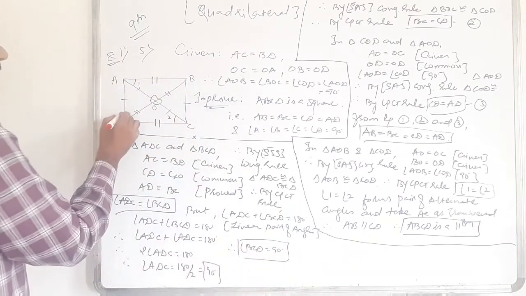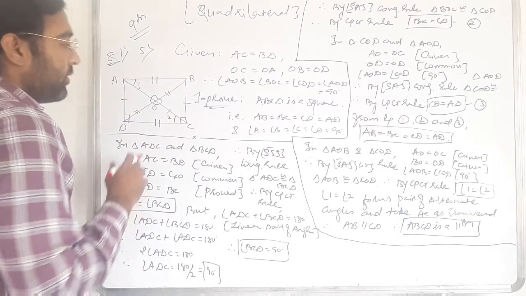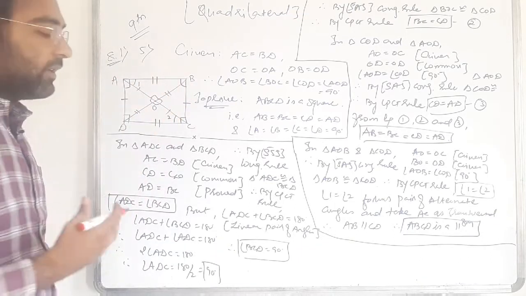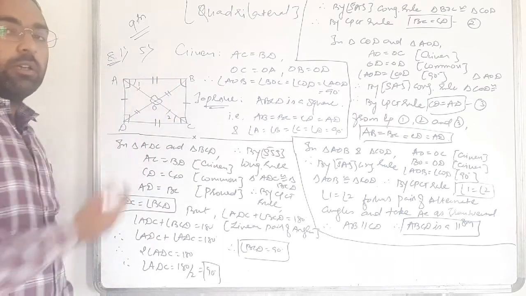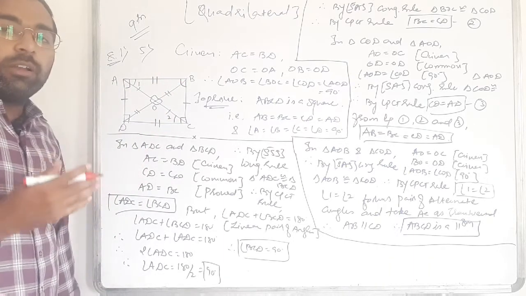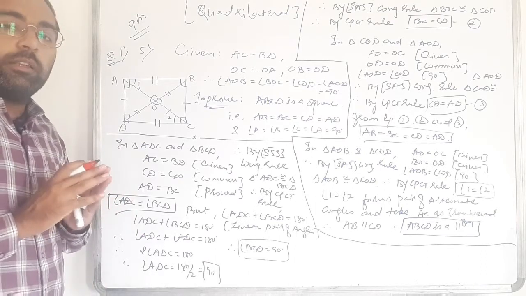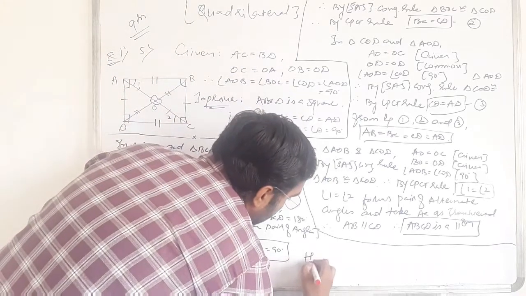So this angle and this angle are both 90 degrees, proved. The other angles are also 90 degrees because in a parallelogram opposite angles are equal. So we are assuming that the rest of the angles are also proven to be 90 degrees. That's why I'll write hence proved.